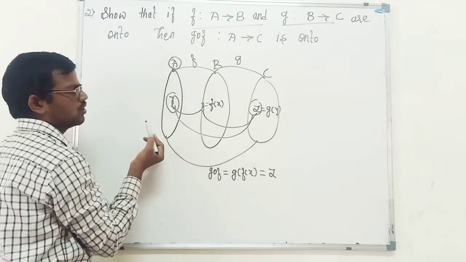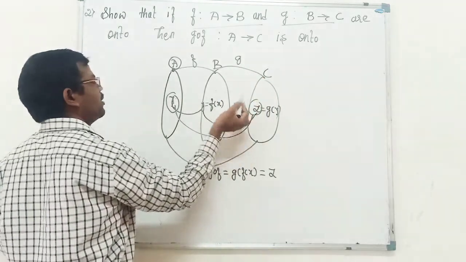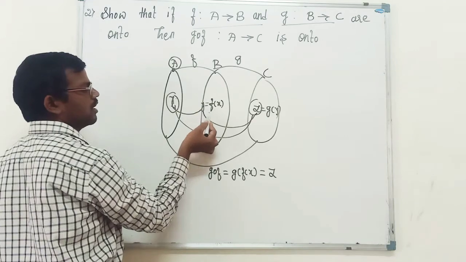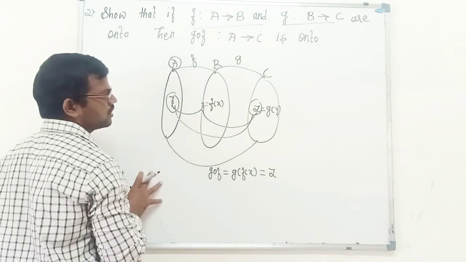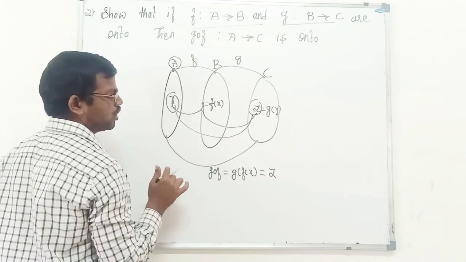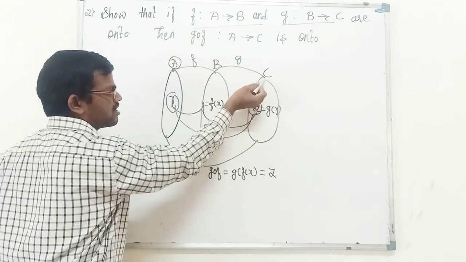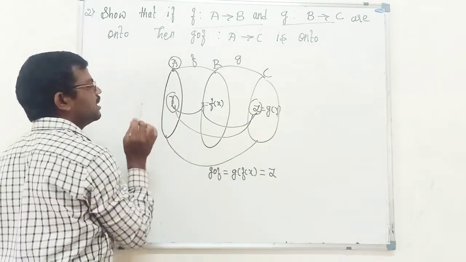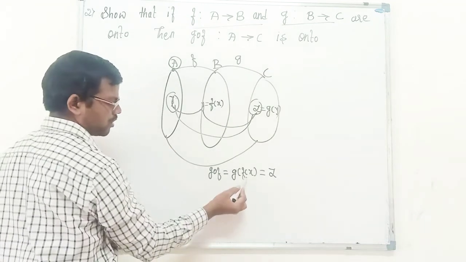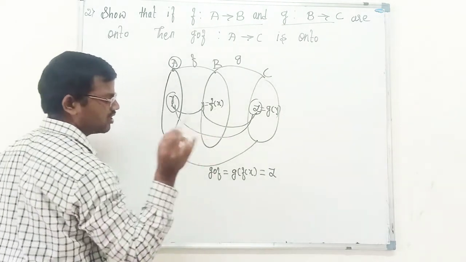Here g is also onto, so for every element we have at least one pre-image, that is y, in the domain B. So using this concept, we have to show that for every z in the codomain C we have at least one element x which is the pre-image, that means g composition f of x equals z.